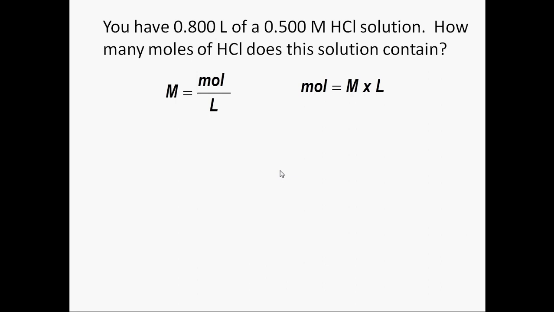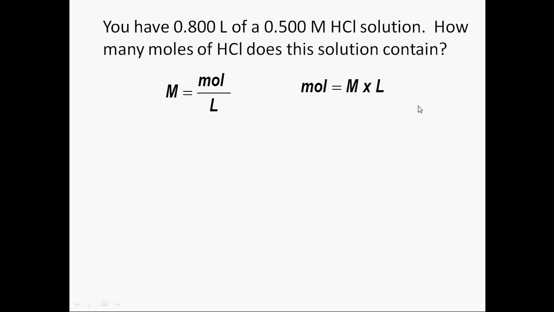So if you recall, the equation here is that the molarity is equal to the moles of solute divided by the liters of solution. In this situation, I'm trying to find the number of moles of solute, so I'm going to rearrange this equation to find just moles by itself by multiplying both sides by liters. So that's how I got this equation here on the right. The number of moles of solute is equal to the molarity of the solution times the number of liters of solution.